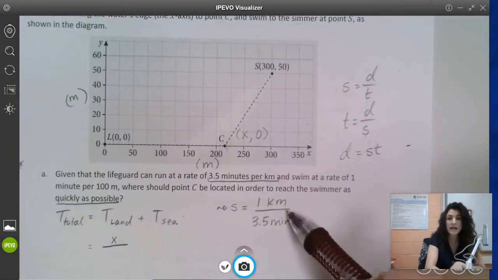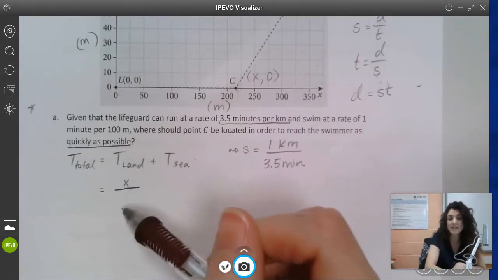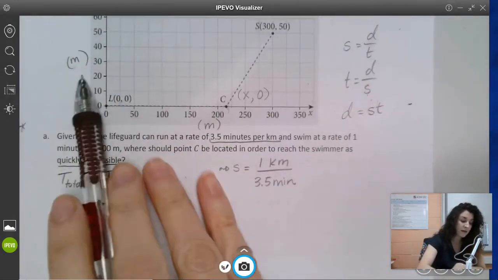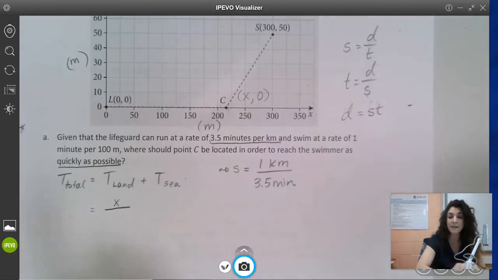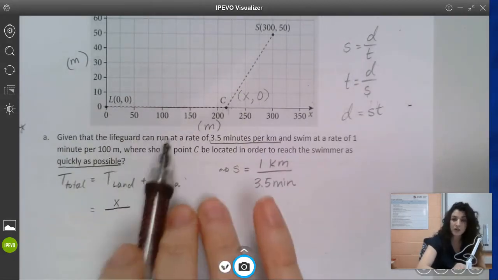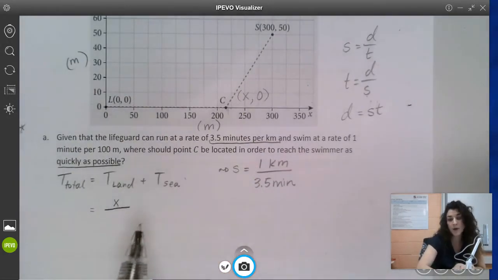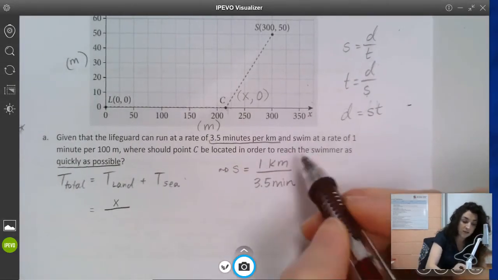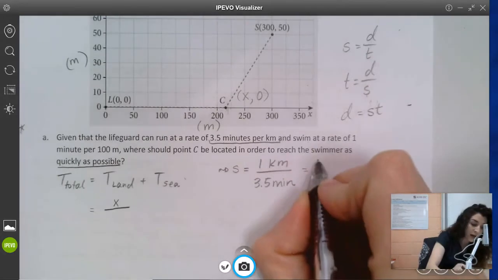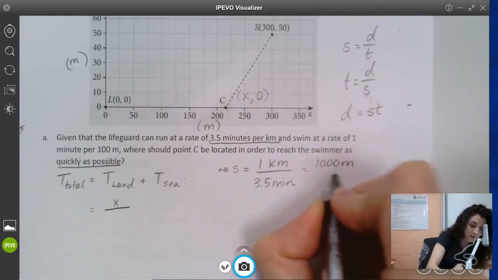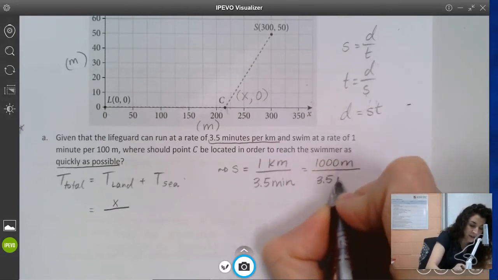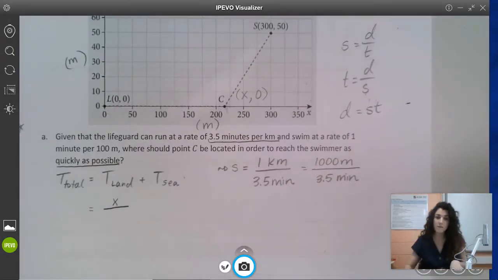That's going to be our speed that goes in the denominator, except we need to keep in mind that these values are all given to us in meters. So we need to make sure that our speed is also represented in meters. I just need to convert this really quickly from 1 kilometer to 1,000 meters. God bless the metric system. Easy to convert, per 3.5 minutes.